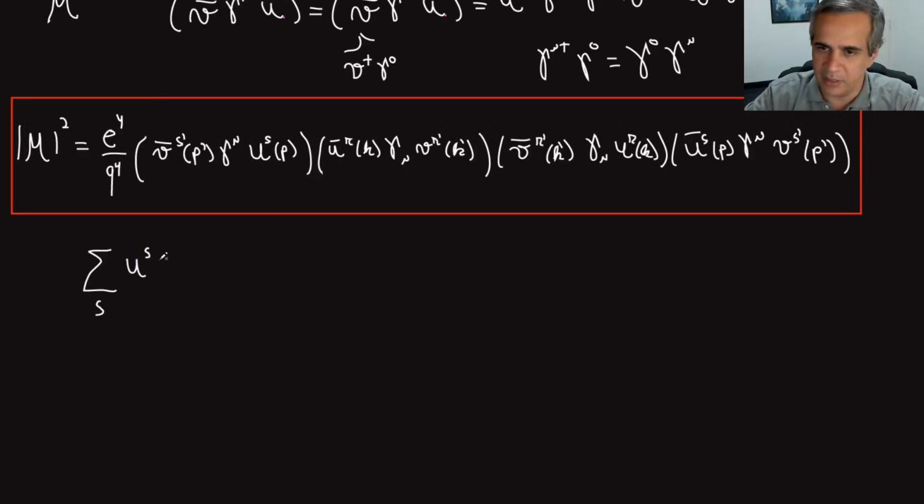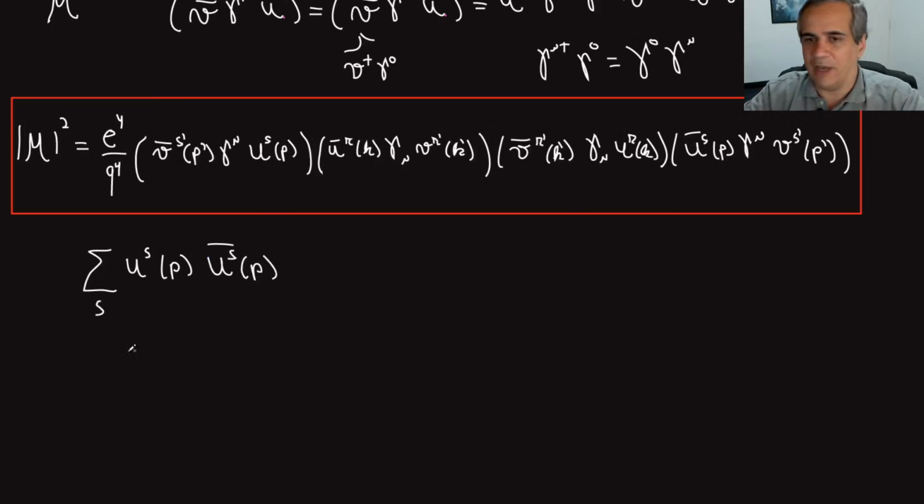If I pair u s of p, which is here, with u s bar of p, which is there, now I have to be careful with the indexes, because this guy will have some spinor index i, this guy will have another spinor index j, and this will be p slash plus m.